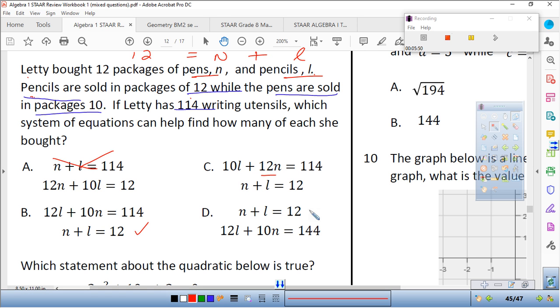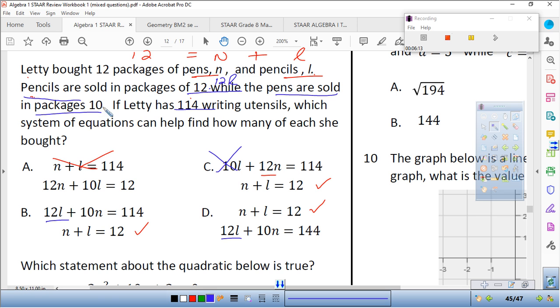Yes, yes, yes. Then we come out here and we're going to look for this part here where it says pencils are sold in 12. So we're going to look for 12 pencils, L. 12, that's out already. Don't even worry about that. 12L, 12L, out.